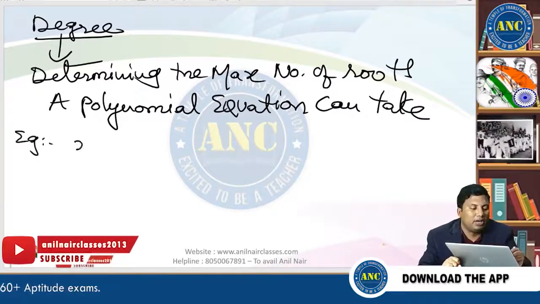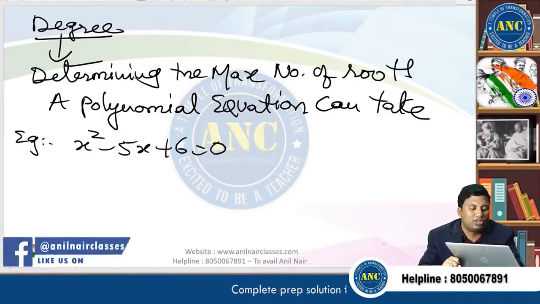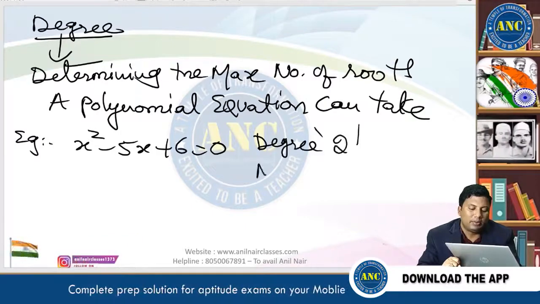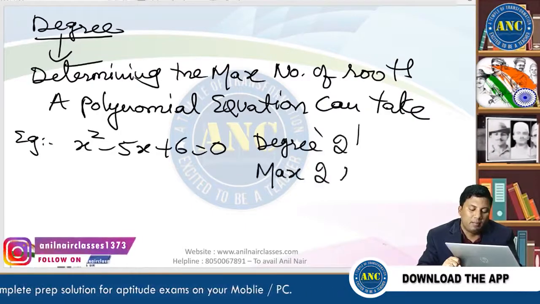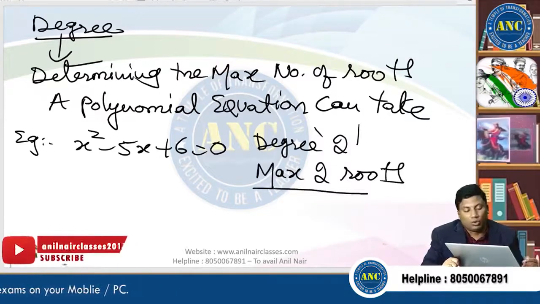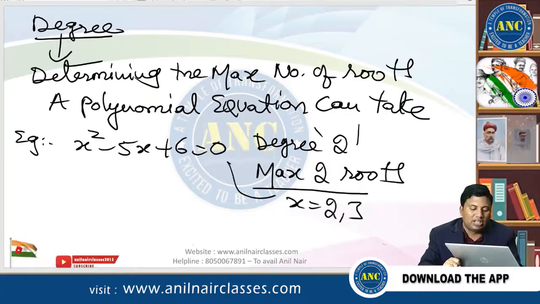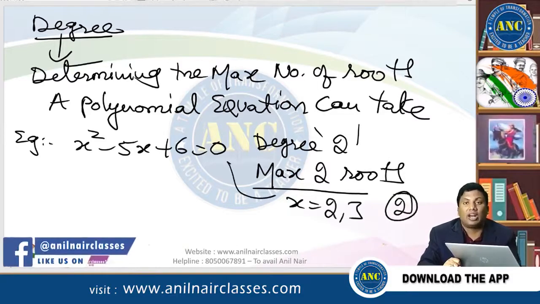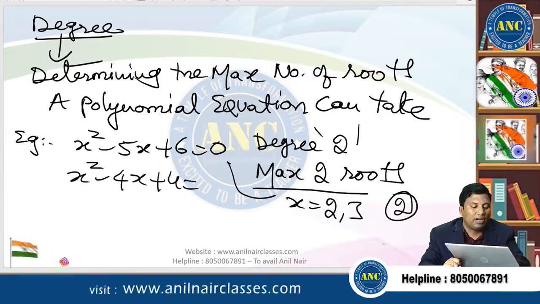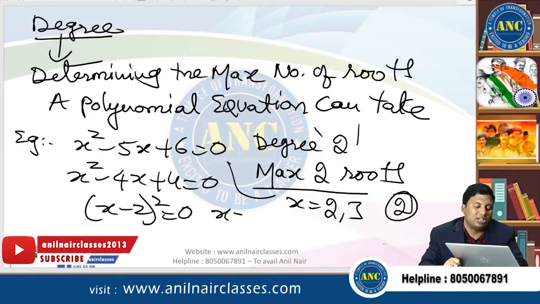For example, x square minus 5x plus 6 equivalent to 0. Degree is 2. That means this equation has a maximum of 2 roots. For example, in this one, x equivalent to 2 comma 3 satisfies the equation, so there are 2 roots. x square minus 4x plus 4 equivalent to 0, which is x minus 2 whole square is 0. x is 2.